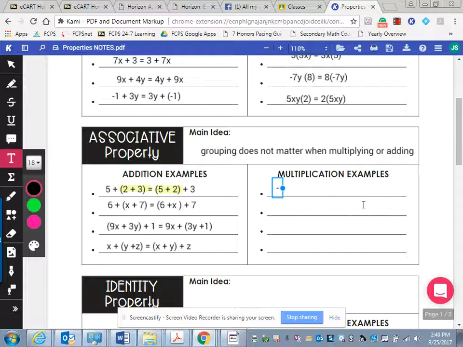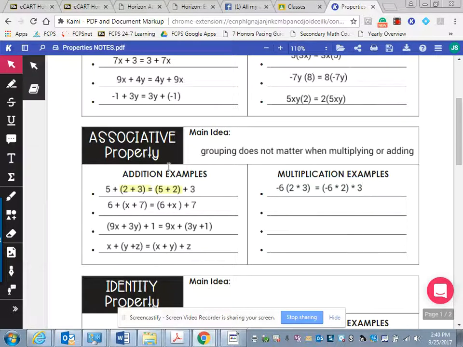-6 parentheses 2 times 3 is the same as doing parentheses -6 times 2 in parentheses and having the 3 on the outside.